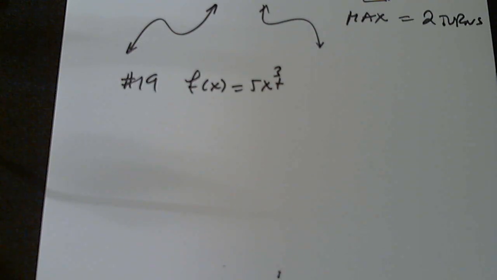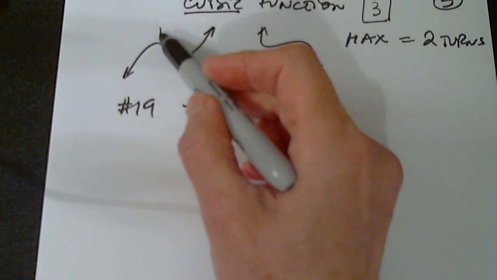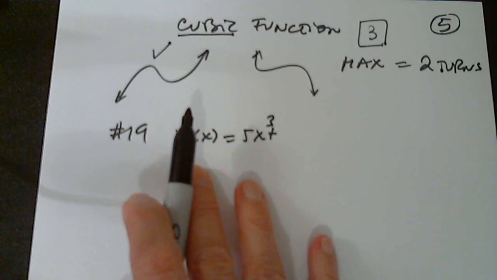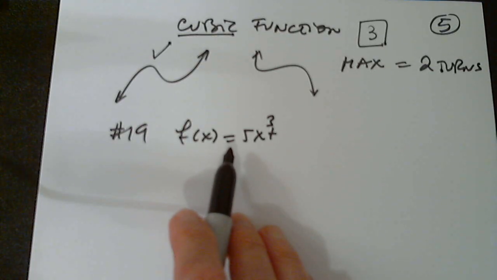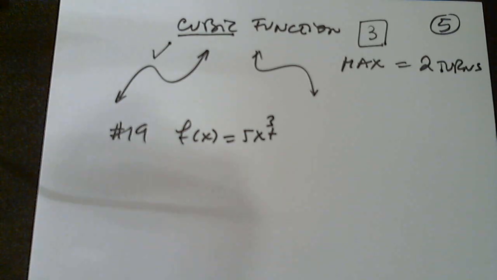I just wanted to say, it says here only use the leading coefficient test to determine the end behavior. Because the leading coefficient is positive, this will be the end behavior. I'm not saying that we cannot graph this function. I'm just saying that it's not a very friendly function. We can graph it.